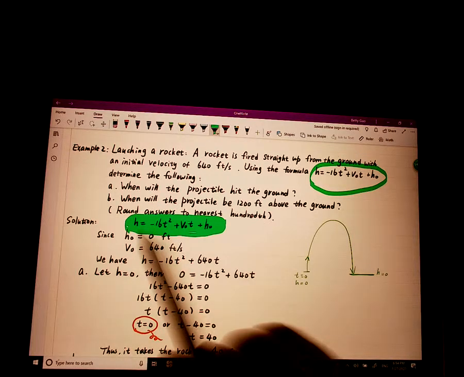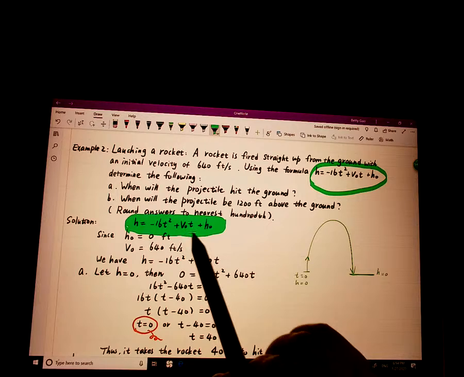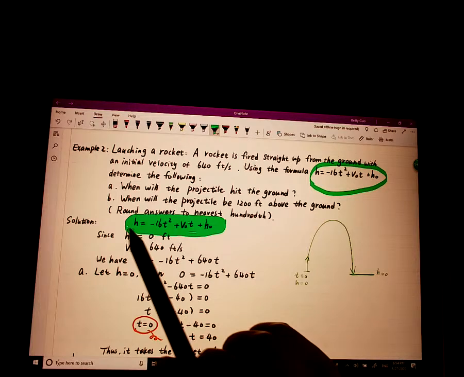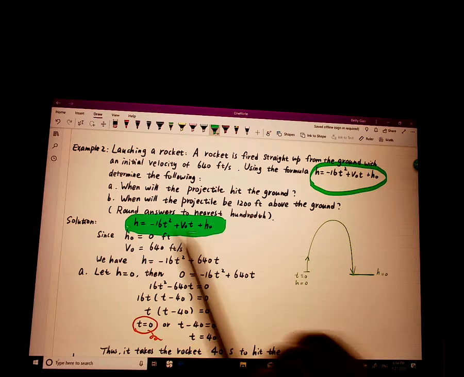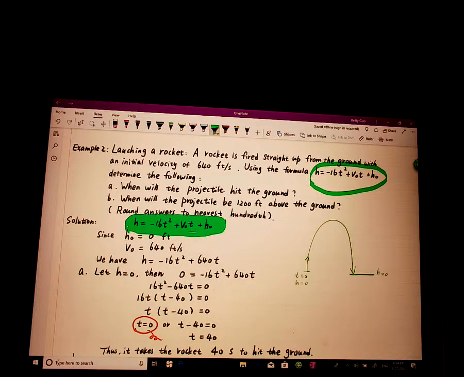The independent variable is t, time in seconds. The dependent variable is the height of the projectile. And v sub 0 and h sub 0 are actually constants, so be aware of that.